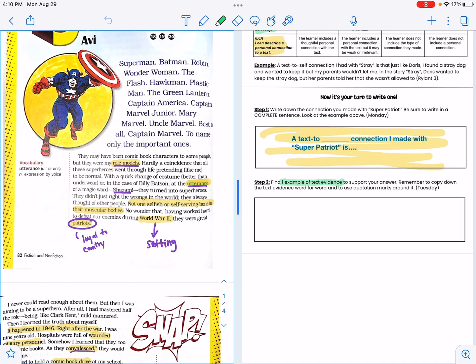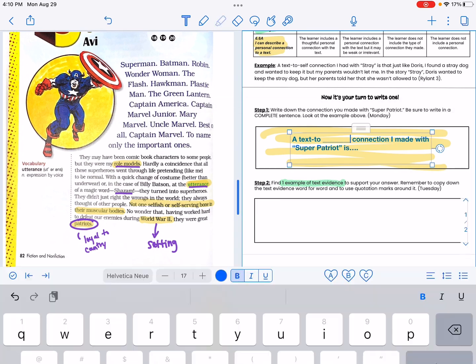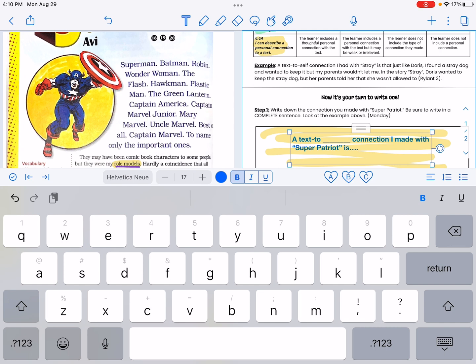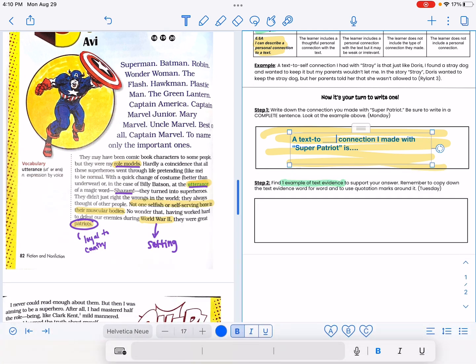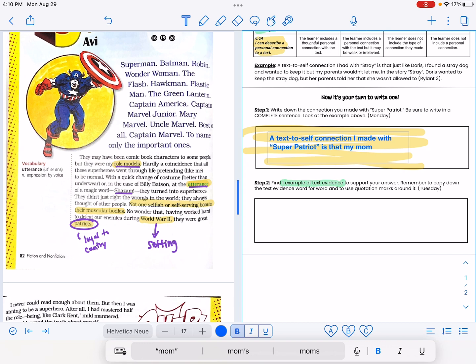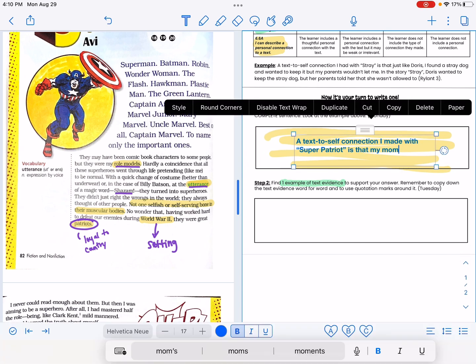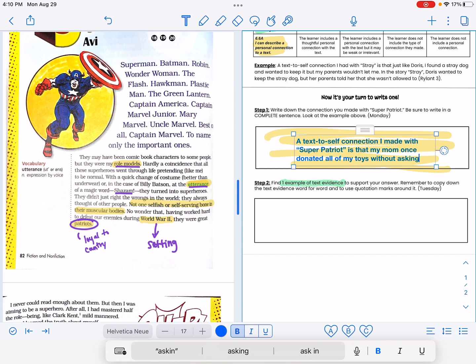So for example, if my connection was a text to self connection I made with Super Patriot is that my mom once donated all of my toys without asking.